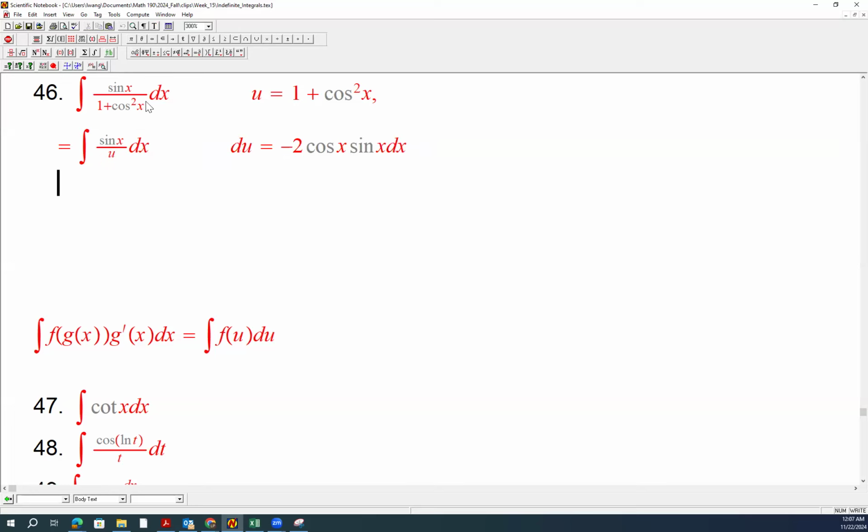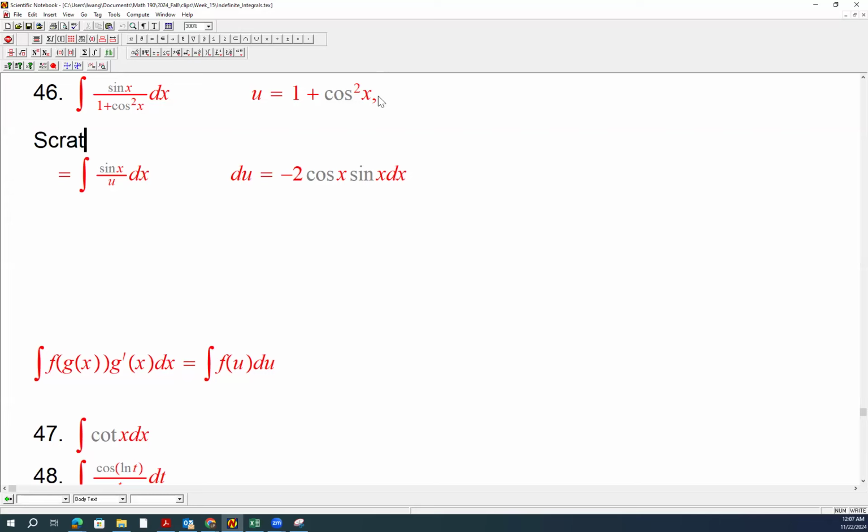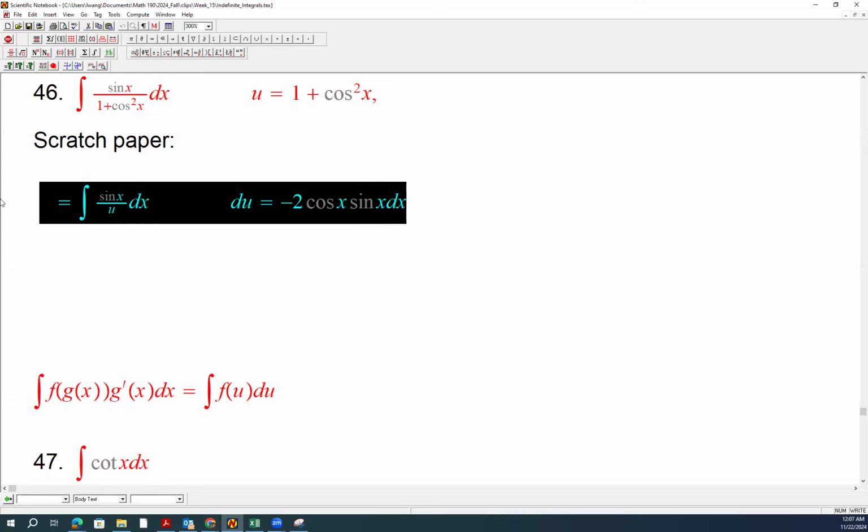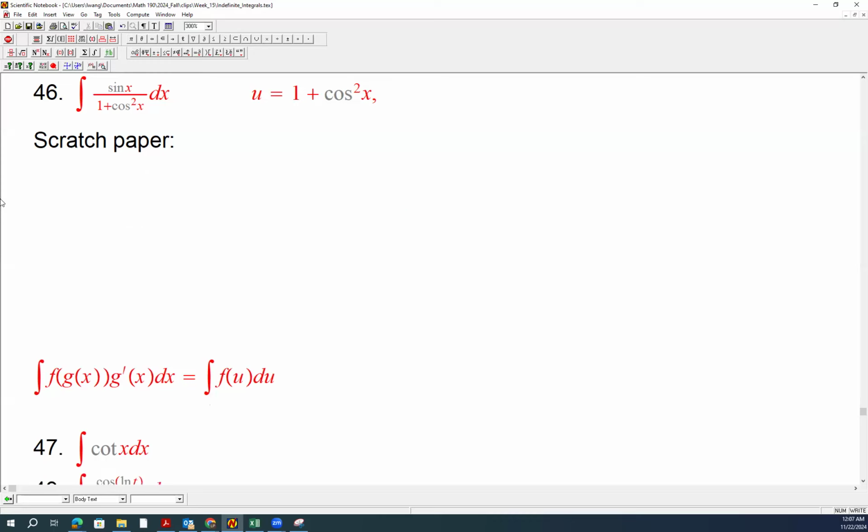Now we really need to work on scratch paper. So you're going to see me scratch. Scratch paper, not pepper. This is not working. The assumption is not working.